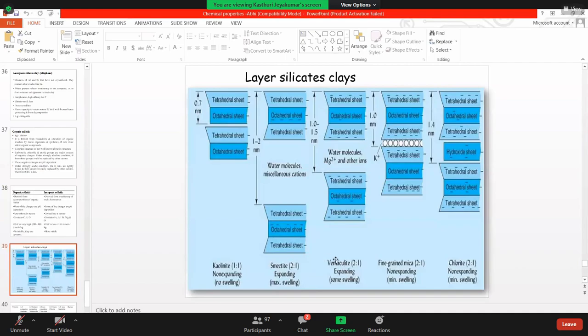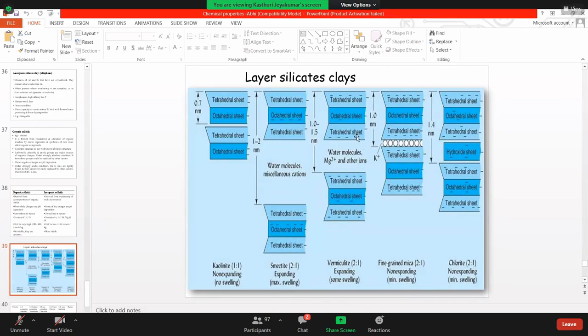In 2:1 type, you can again classify into expanding, limited expanding, and non-expanding. Expanding example, smectite. In between smectites, weak bond. So you can observe internal as well as external surface area. For 2:1 limited expanding, example vermiculite.